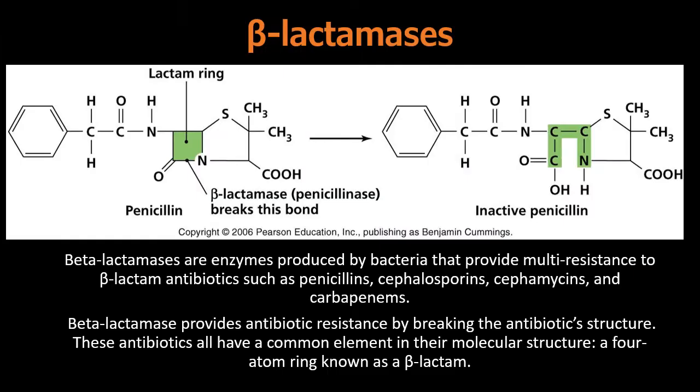Now beta-lactamases. It is actually a vast topic. I will upload another video separately for types of beta-lactamases. For now just remember that these are enzymes produced by bacteria that provide multi-drug resistance to beta-lactam antibiotics such as penicillin, cephalosporins, cefamycins, and carbapenem.